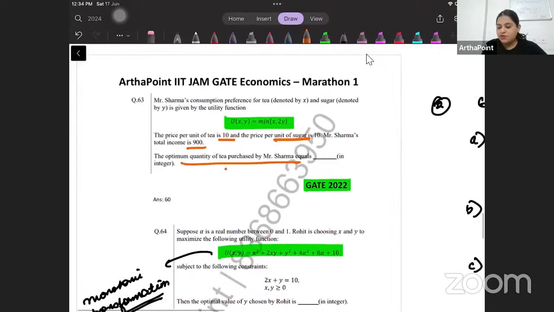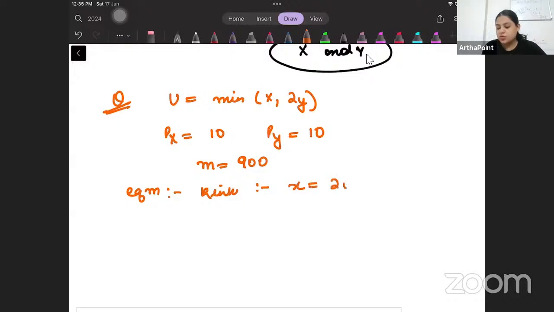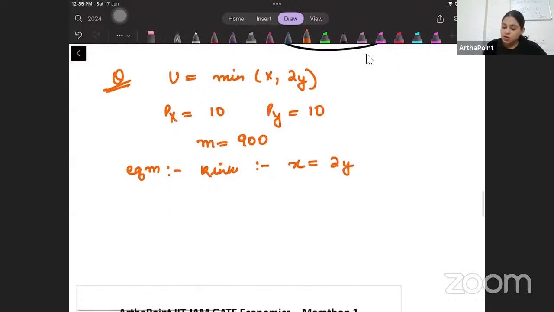What is the optimum quantity of tea purchased by Mr. Sharma? Very simple. We know this. So equilibrium is at the kink. So we should have X is equal to 2Y. So Px into X plus Py into Y should be equal to M. But X is equal to 2Y.